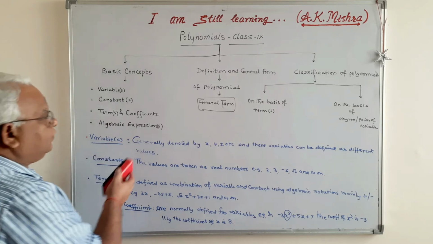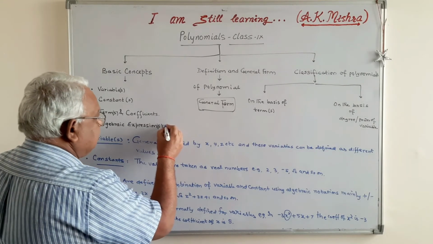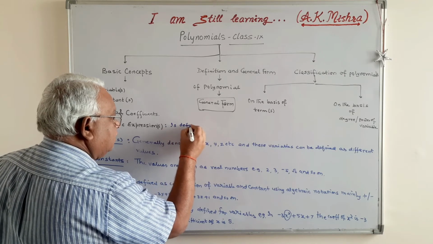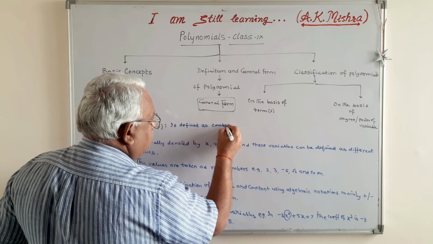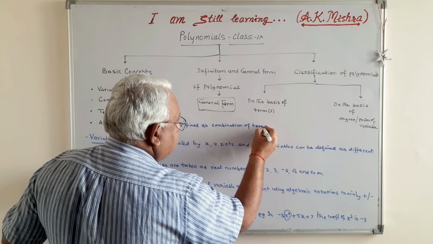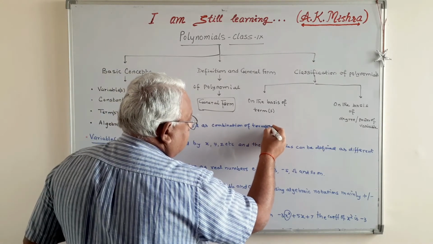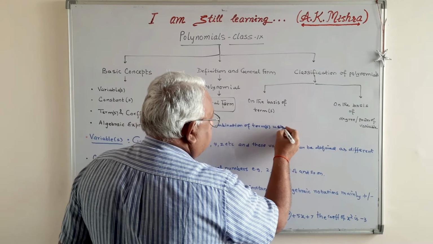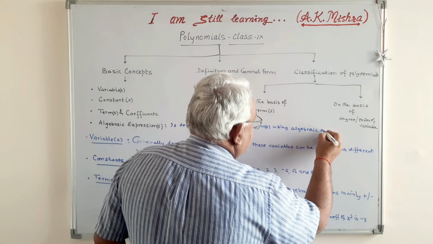Then what is algebraic expression? Algebraic expression, you can understand here, is defined as combination of term or terms, as the case may be, using algebraic notation.